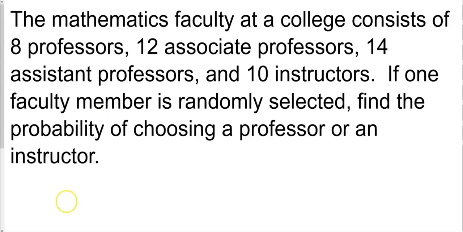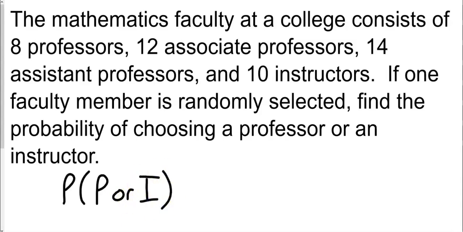All right, so we're looking at the probability of getting a professor or an instructor. So the question I ask you is, can you be both a professor and an instructor at the same time here at this place? And the answer to that is no. You are either a professor or you're an instructor.